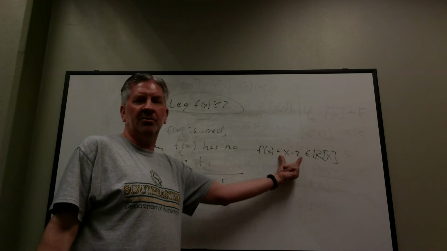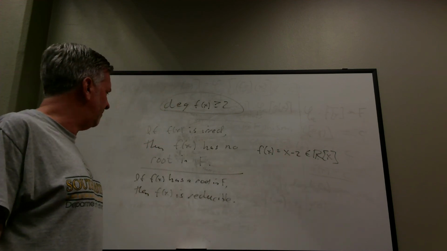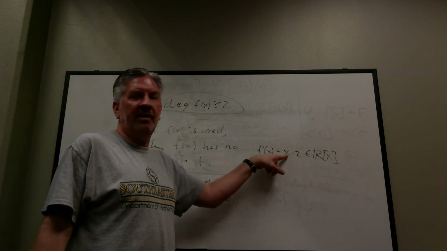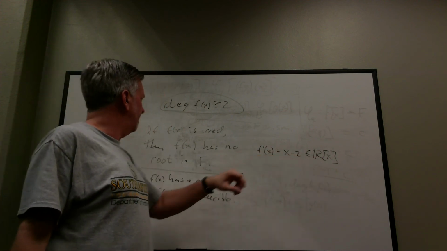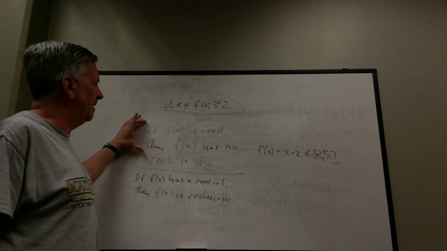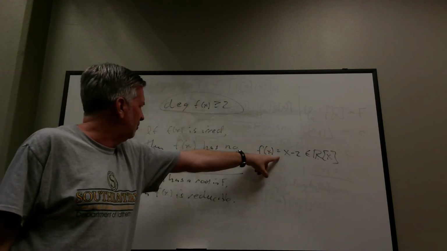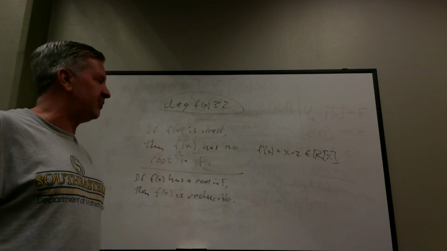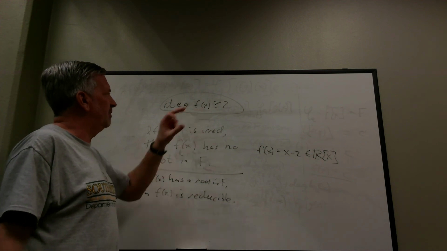Right? So this is an irreducible polynomial from a result we had before. But it does have a root in R, x equals 2. Okay? So if you don't say the degree is at least 2, this isn't a true statement, right? Here, this polynomial is irreducible, but it does have a root. So if the degree of f is 1, the statement's not true, right? But it is true for anything bigger than 2.